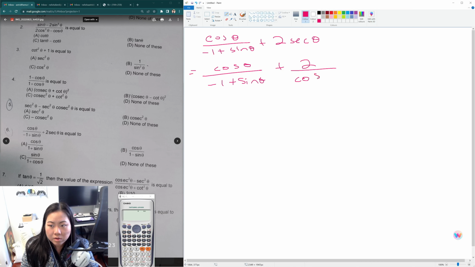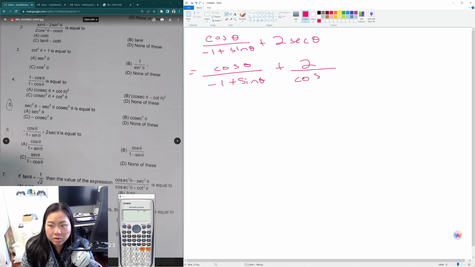And if we look at the answers, it's all in sine and cos only. Now I want to combine these two, which means I have to multiply the first one by cos theta on cos theta, and I want to multiply this one by minus 1 plus sine theta on minus 1 plus sine theta.